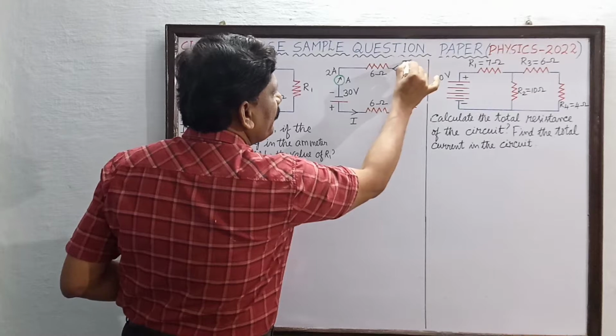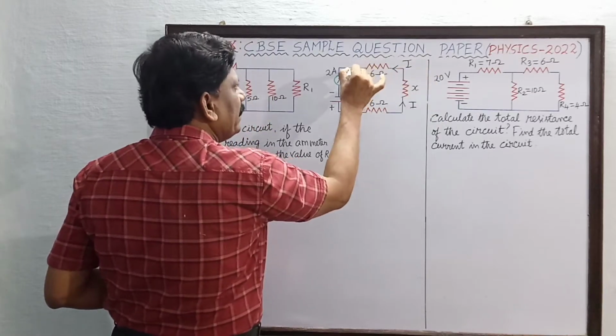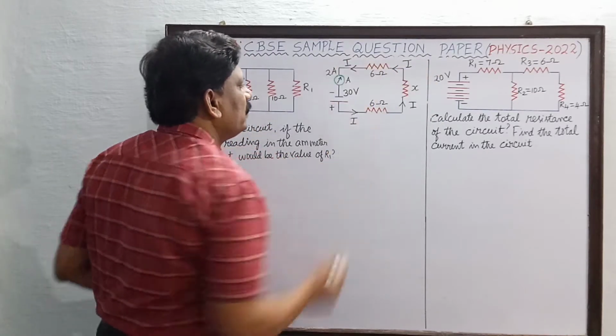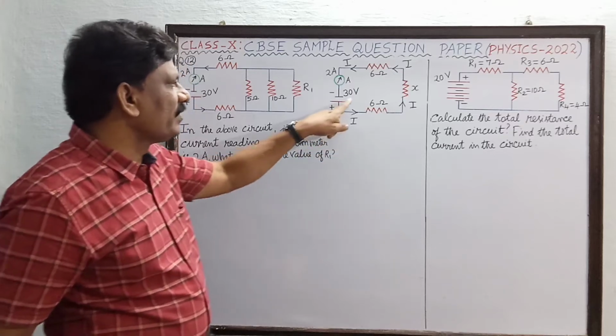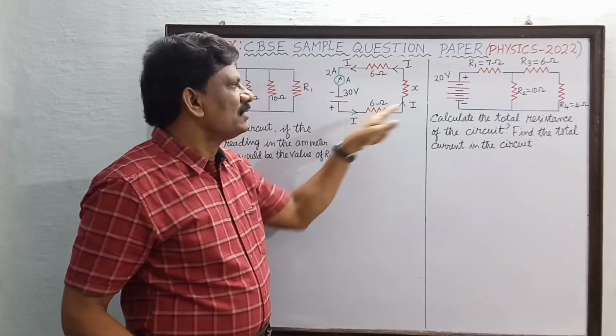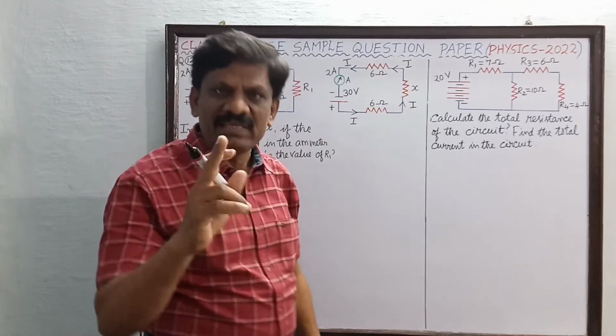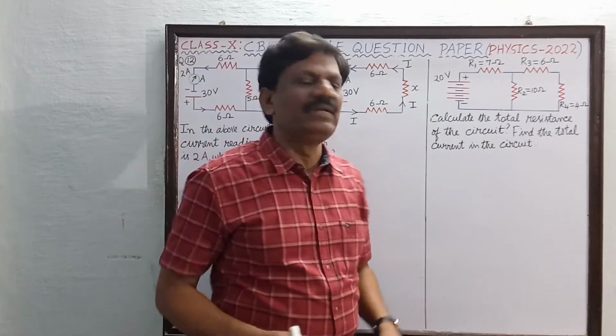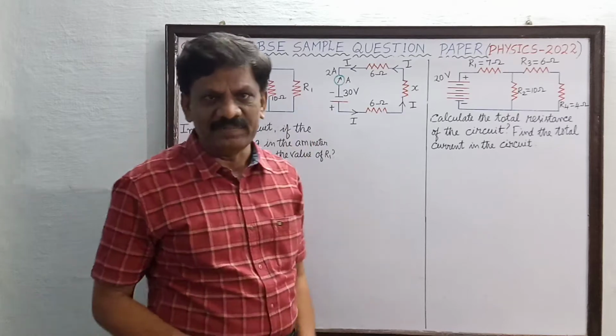This is the equivalent circuit. The conventional current starts from the positive of the battery and flows through these resistors. So first we will find out the value of X and then we can find out the value of R1.